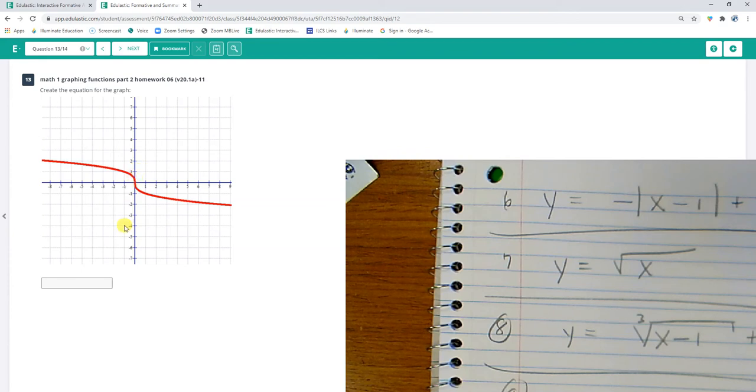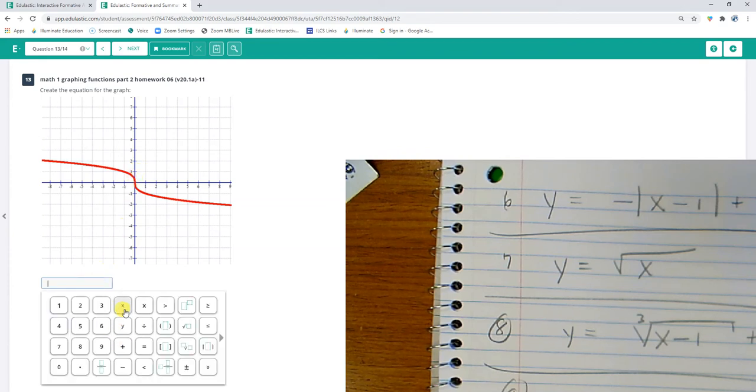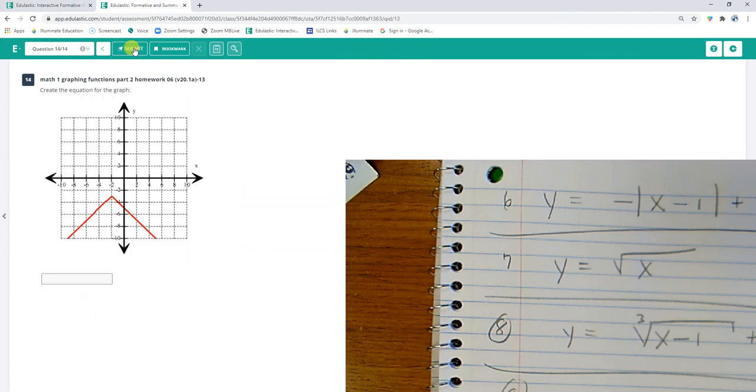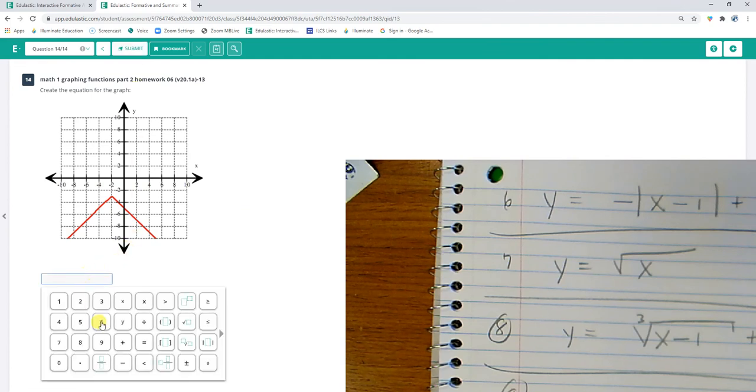This is just a flipped S. So y equals, there's the flip, cube root of x. And this is a flipped V, so y equals, there's the flip, absolute value, x, it's got a plus 2 for the shift left, and a minus 3 for the shift down.